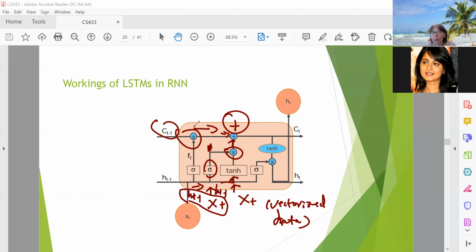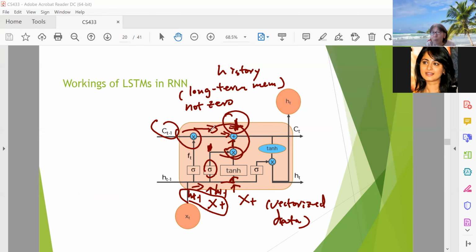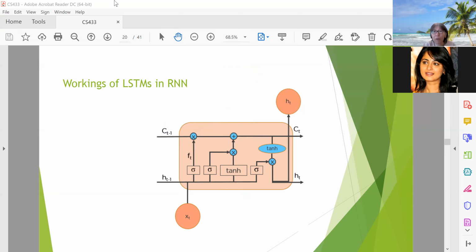If the multiplication result is not 0, that means long-term memory, so basically history will be taken into consideration. Then move on to the next step. We kind of run out of time.